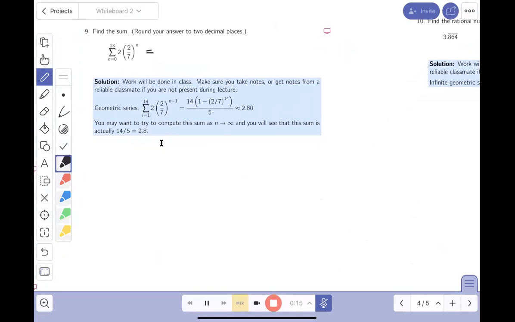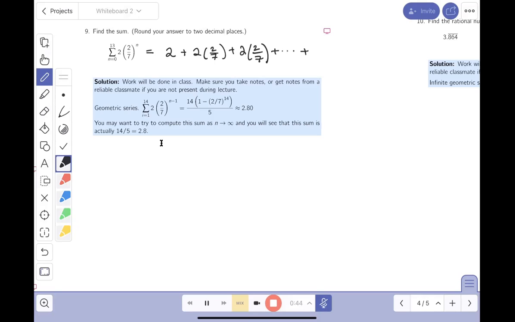And what would you get? If n is 0, you get 2 times 2 sevenths to the 0. Whoops, I went too quick. I don't want to do much arithmetic. Plus 2 times 2 sevenths, plus 2 times 2 sevenths squared, plus yada, yada, yada.